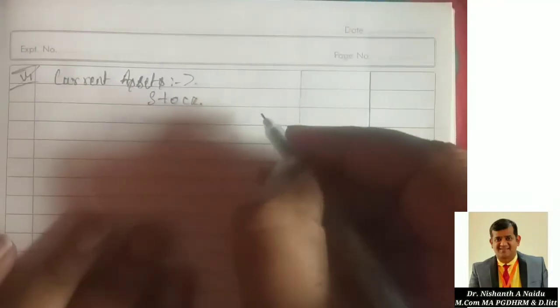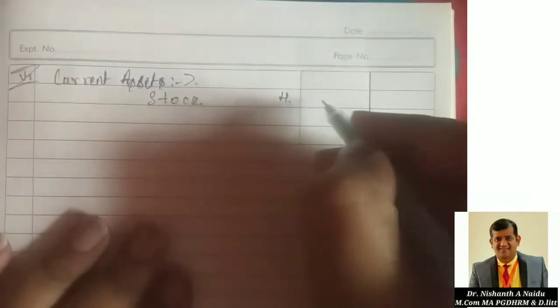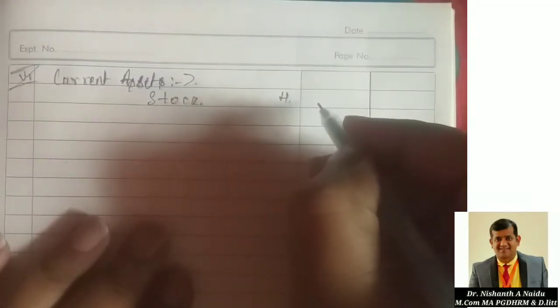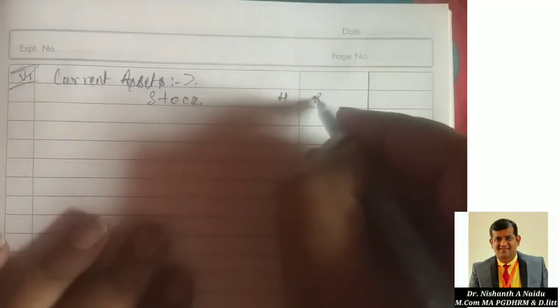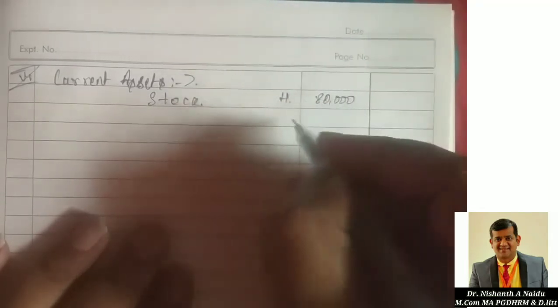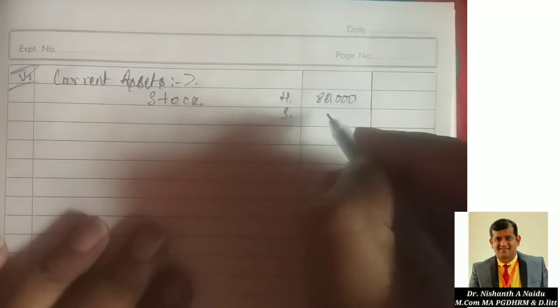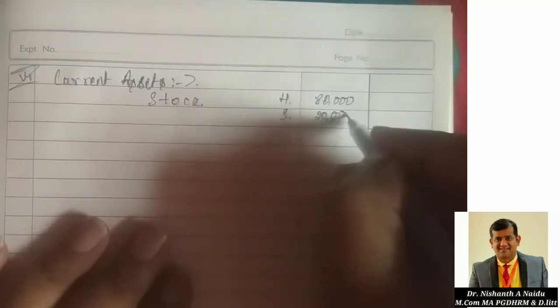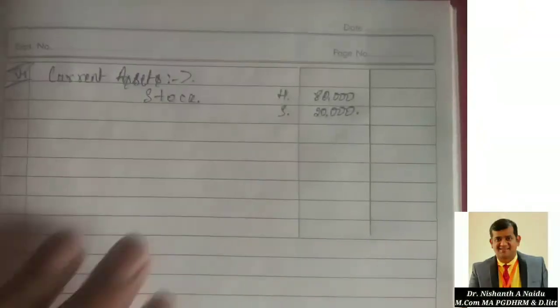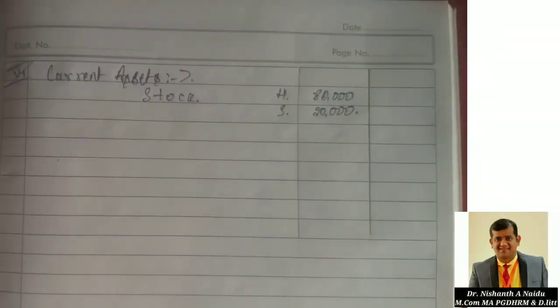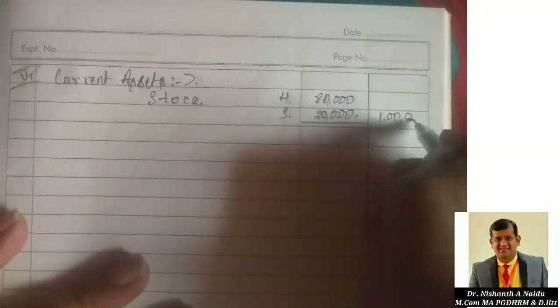So we have stock. Stock value of H company is 80,000 rupees. Then S company stock is 20,000 rupees. So total it and put it to outer column. So it is going to be 1 lakh.